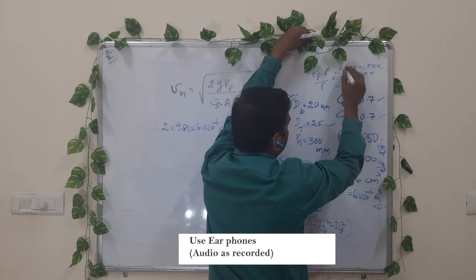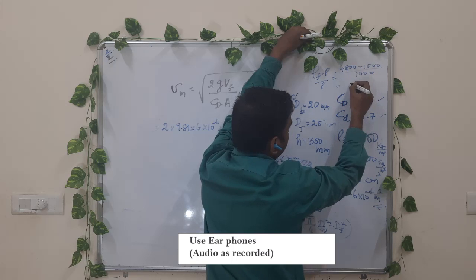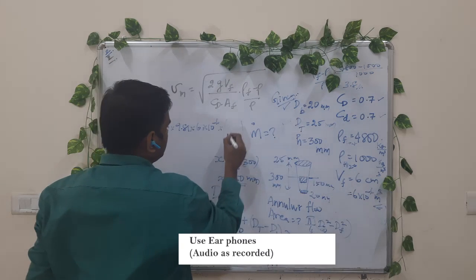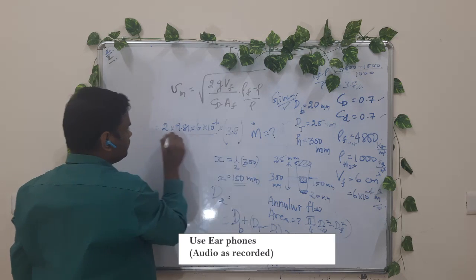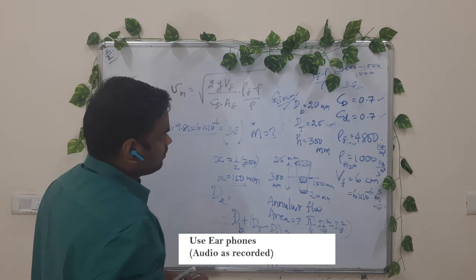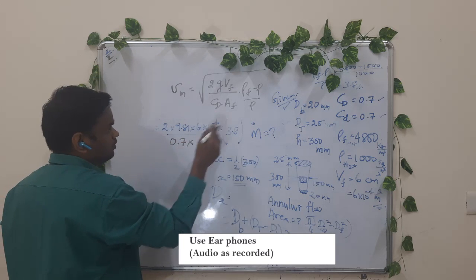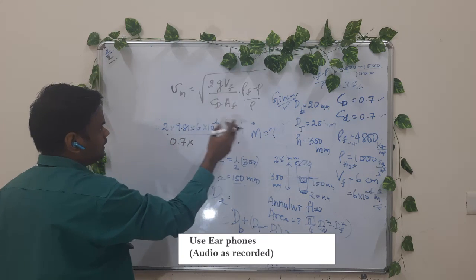So we get 3800 by 1000, which is 3.8. And what is the Cd value given? Cd is given as 0.7. Even if it is not given, you can take a value for our rotameter.